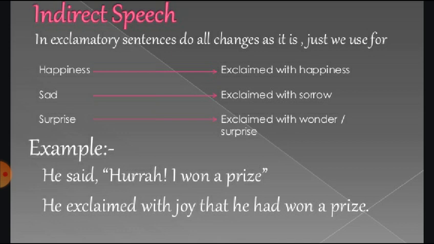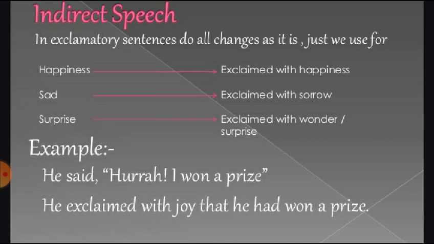That's why in the indirect speech it is he had won a prize, in the past perfect tense. So in this way, he said, "Hurrah, I won a prize" is the direct speech, and its indirect speech becomes, he exclaimed with joy that he had won a prize. So this is about exclamatory sentences, dear student.